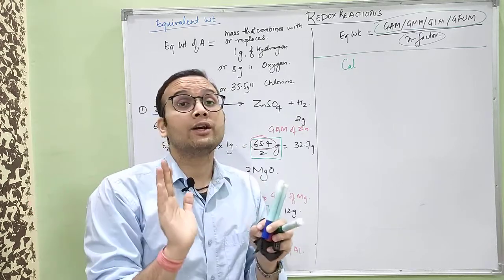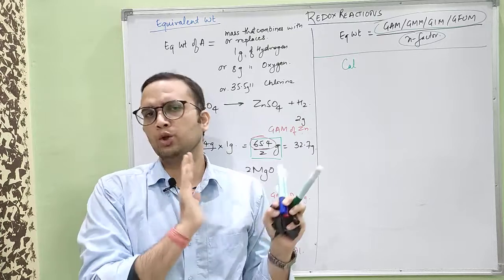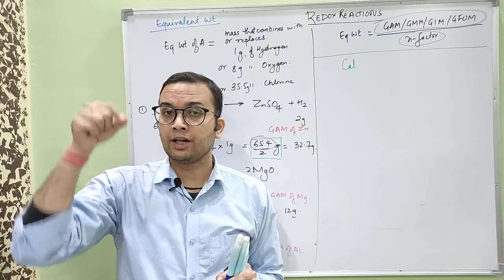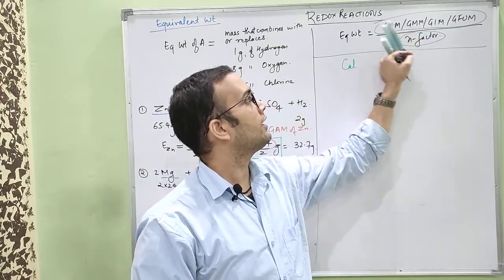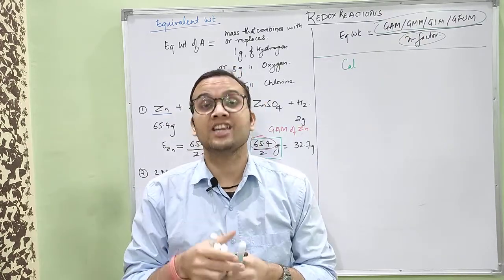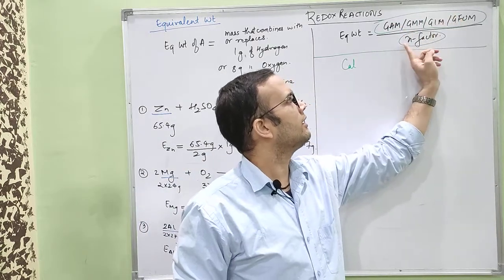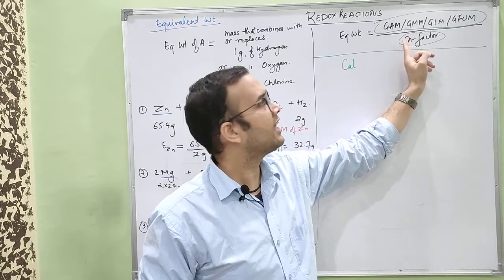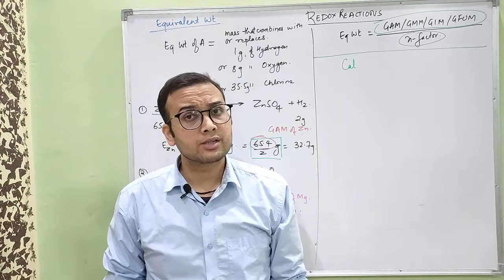So if we know the numerator and if we are able to calculate the denominator somehow, can't we calculate the whole value, which is equivalent weight? Yes, we can. So we can calculate this situation by situation or reaction by reaction, and then we can calculate the equivalent weight of that particular species in different situations.